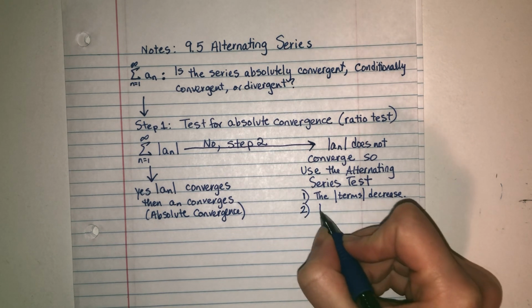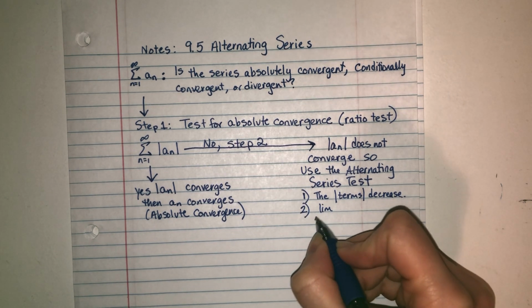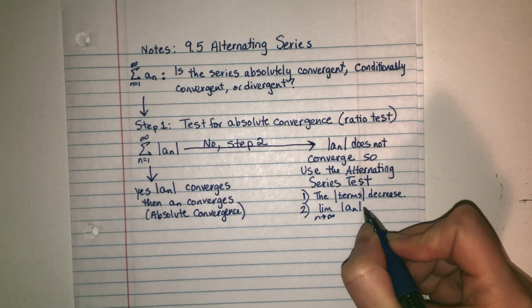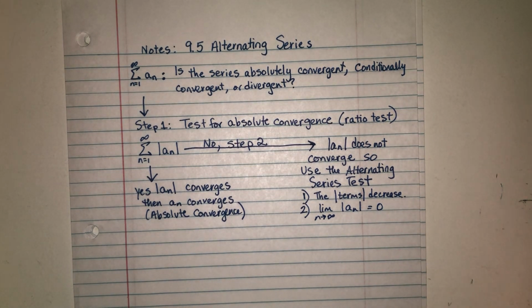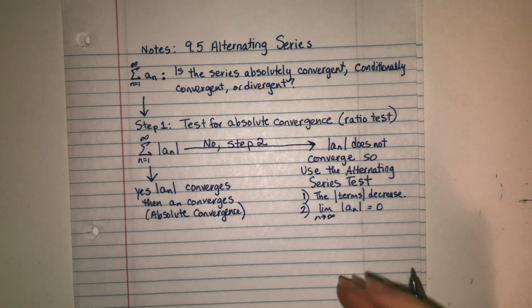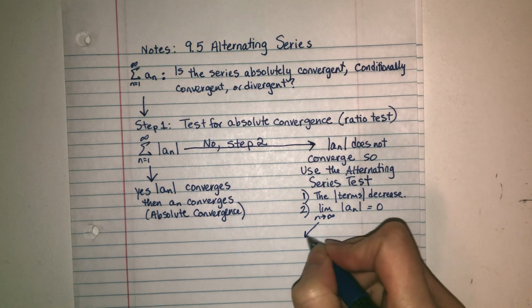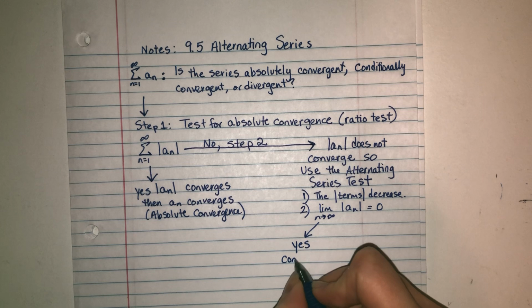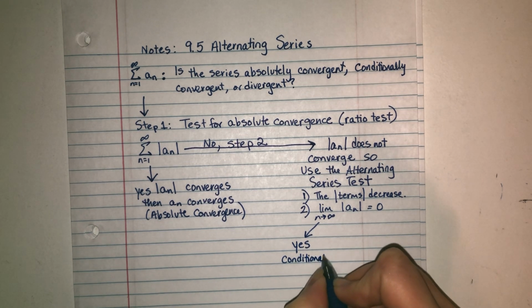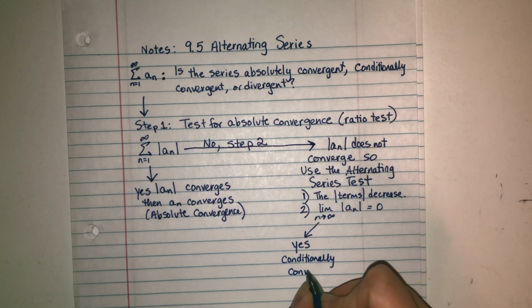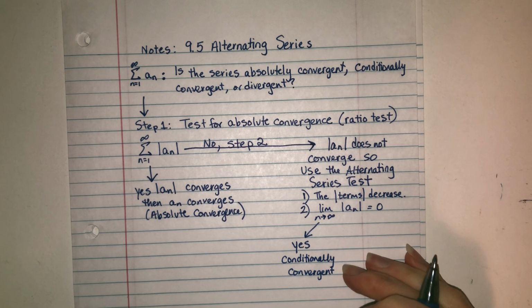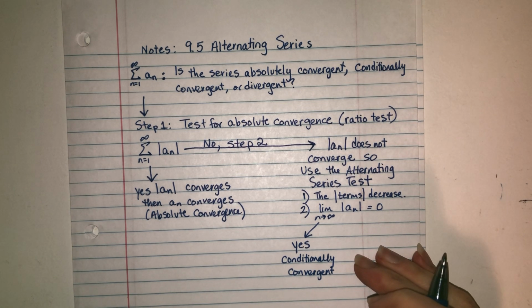Secondly, the limit as n approaches infinity of the absolute value of a sub n has to be going to 0. So if the terms are decreasing and heading towards 0, then if the answer to both of those is yes, then we say that the series is conditionally convergent, which means that it requires the condition of alternating in order to be a converging series.